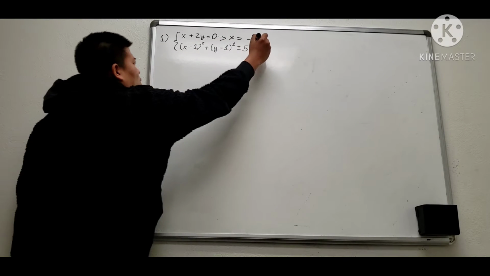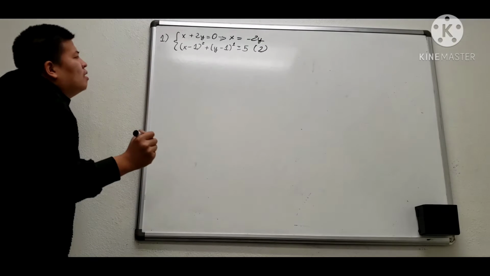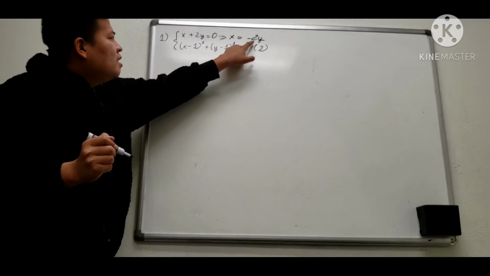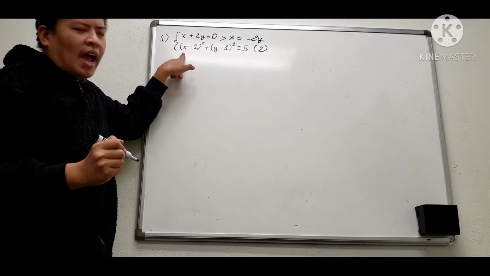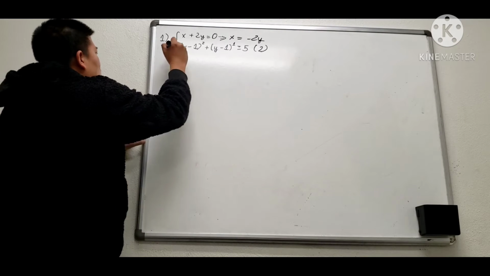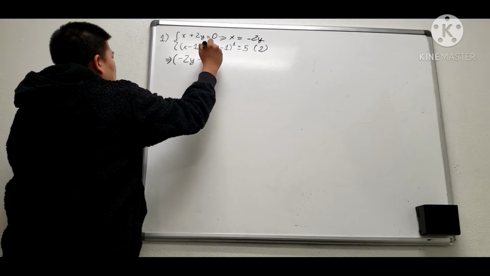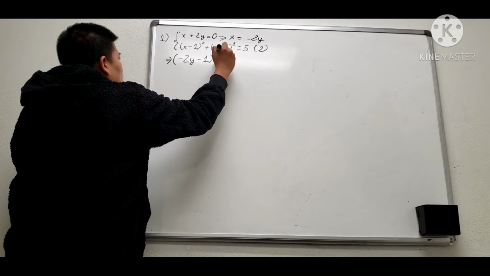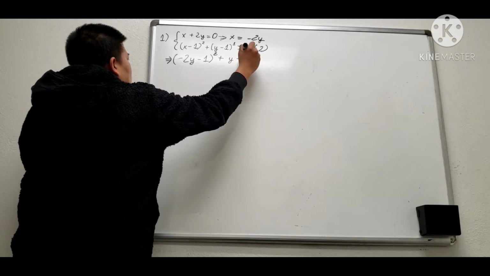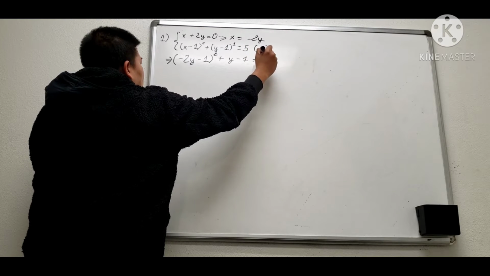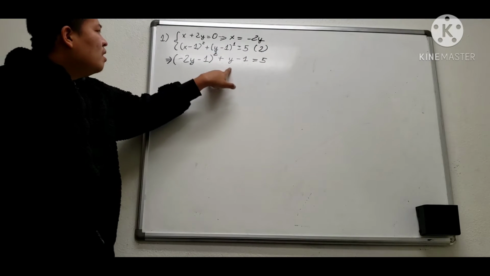And in equation number 2, you will input the minus 2y in place of x, and you get minus 2y minus 1 power 2 plus y minus 1 equals 5. Why do I get it like this?